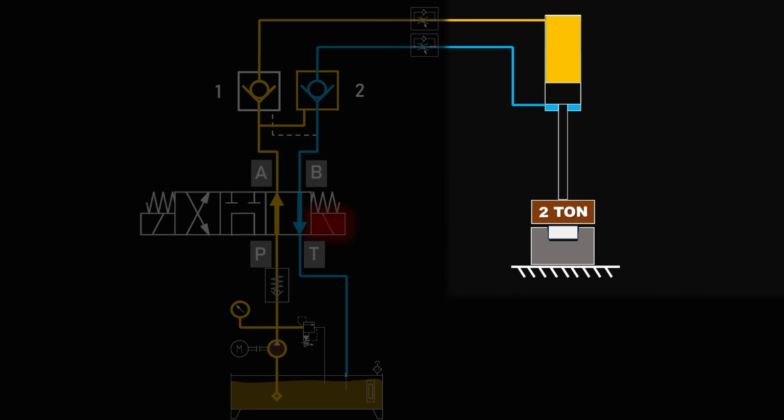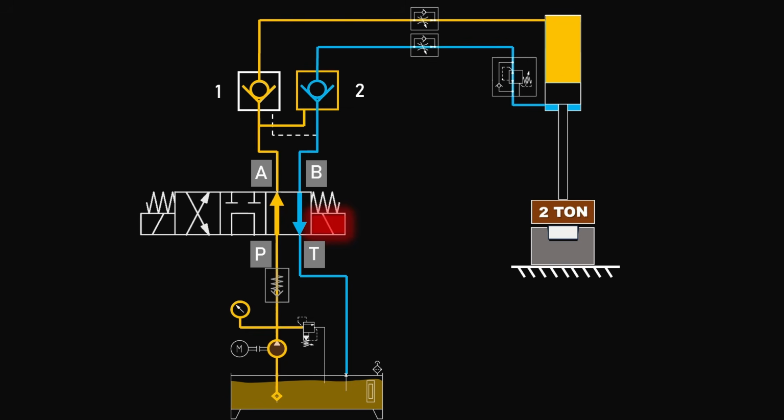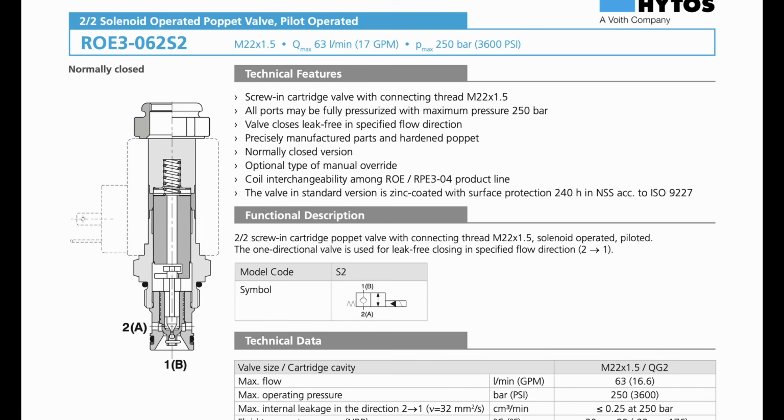To prevent this, we need to use the right counterbalance valve. Also, if the pressure is very high, before shifting the directional control valve, we need to decompress the pressure. For that, we use a decompression valve. But this video has been longer than expected, so we will cover all these valves in a coming video.